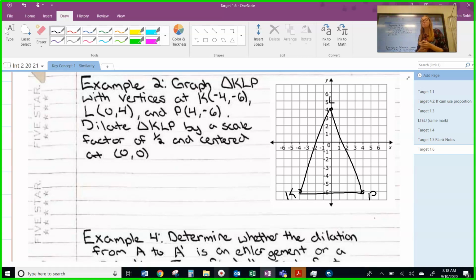Okay, and I'm going to dilate this by 1/2. So what we do here when we have points is I take those points. So K is at (-4, -6). And I multiply the points by our scale factor.